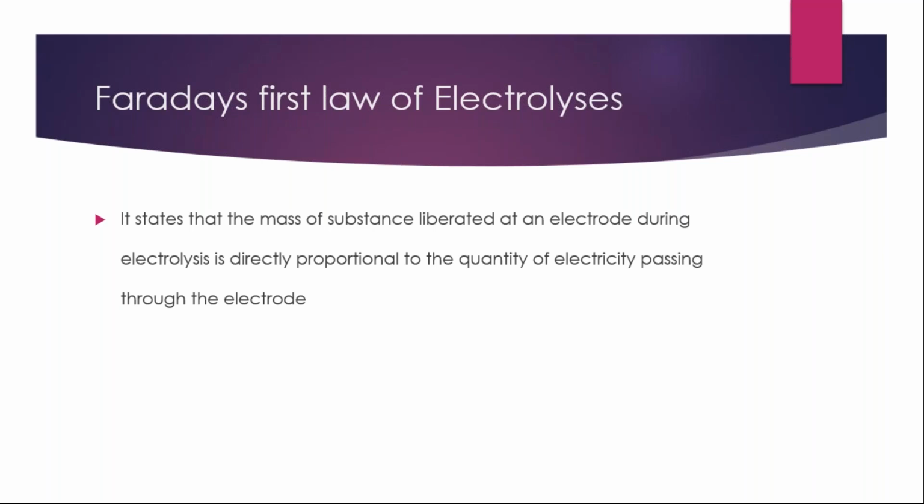So we can now have that M is equal to ZQ, where Z is a constant of proportionality. This is known as the electrochemical equivalent of the substance. So mass is directly proportional to the quantity of electricity that is passing through it.